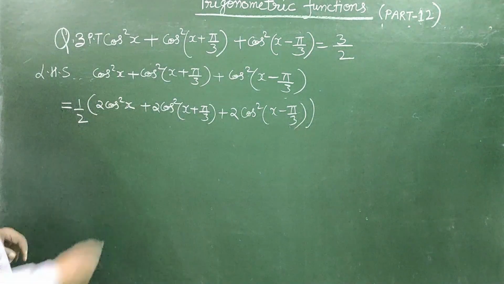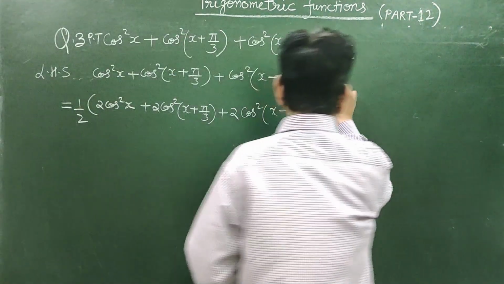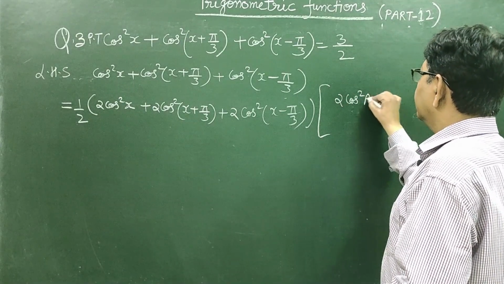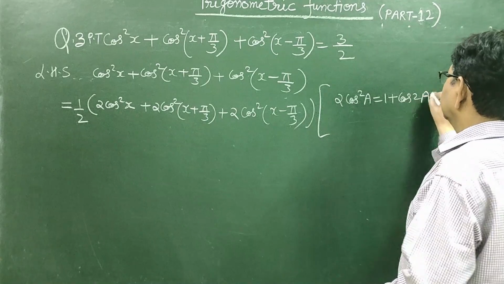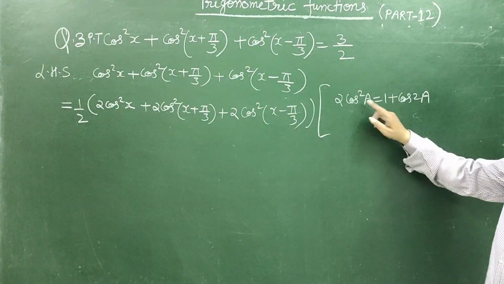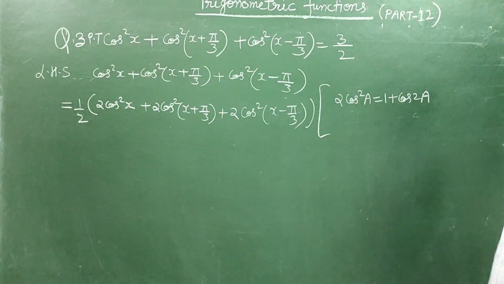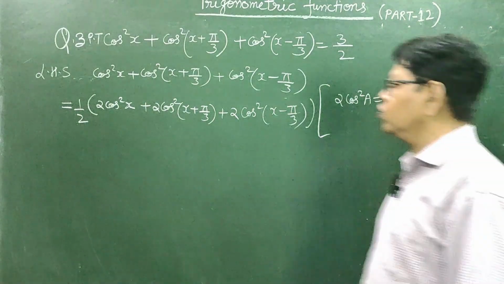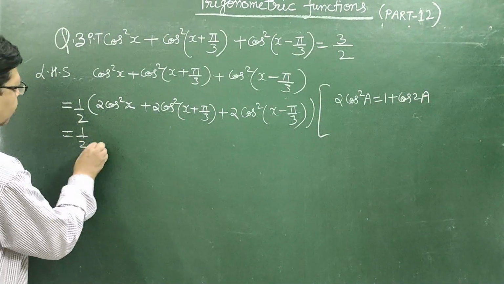Now 2 cos square A, you know, is equal to 1 plus cos 2A. Cos 2A is equal to 2 cos square A minus 1, or 2 cos square A is equal to 1 plus cos 2A.